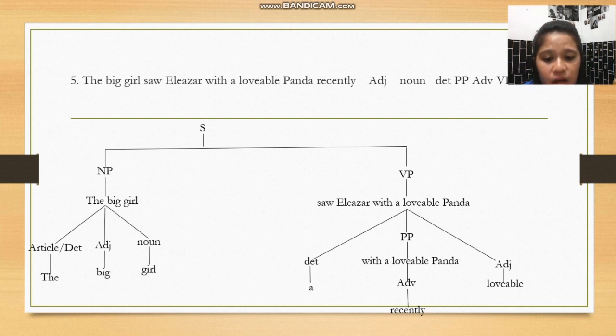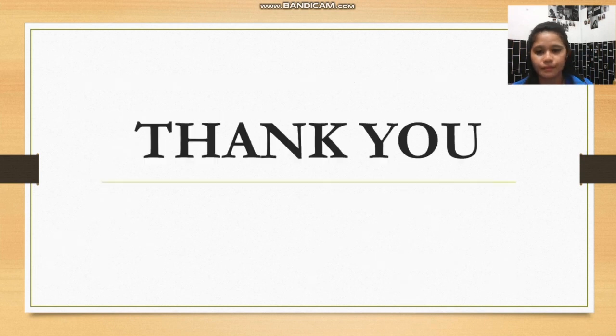Verb phrase: saw Eleazar with a lovable panda. Preposition phrase: with a lovable panda. Adjective: recently. Adjective: lovable.